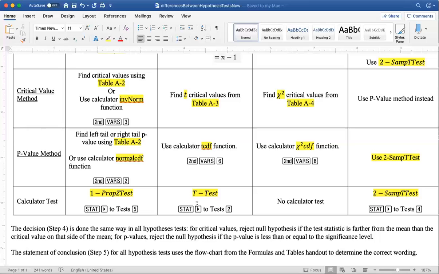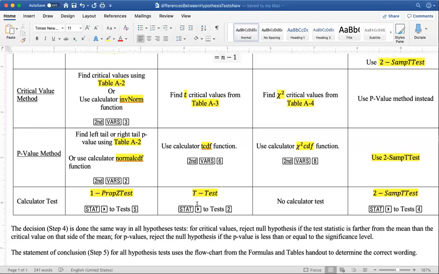And again, you've got your choice of calculate or draw, which gives you the p-value sketch and the t-value, test statistic, and the p-value. There is no test on the calculator for the test of standard deviation.